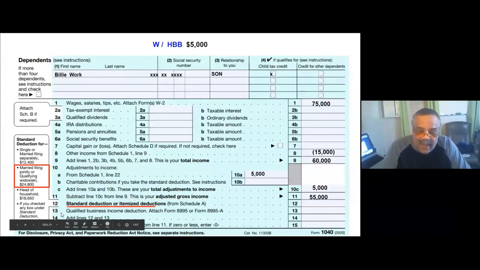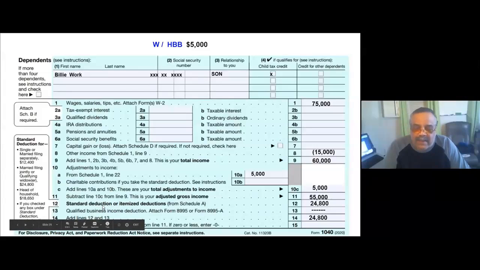In addition to that, you can do your standard deduction of $24,800 that you subtract from the $55,000. And on line 14, I'm sorry. Please, I hope you follow me.